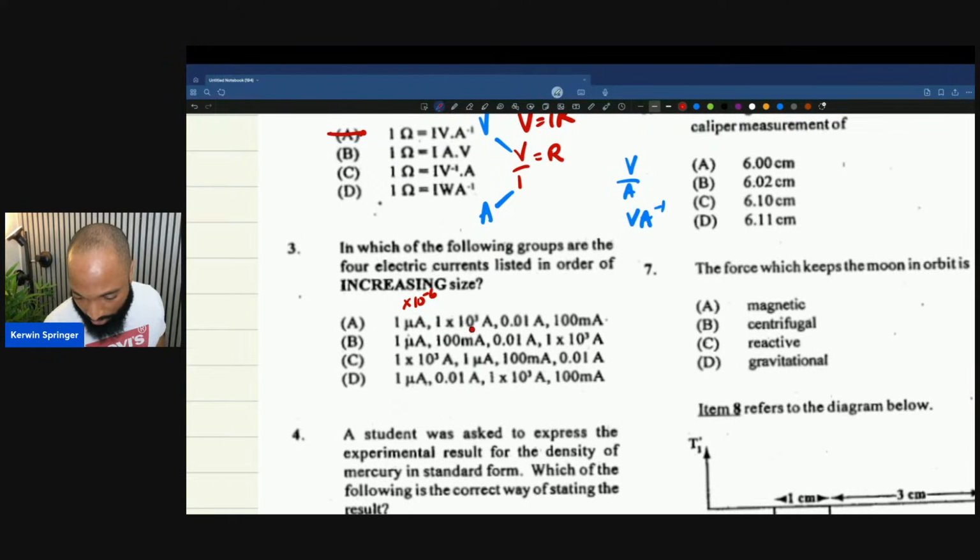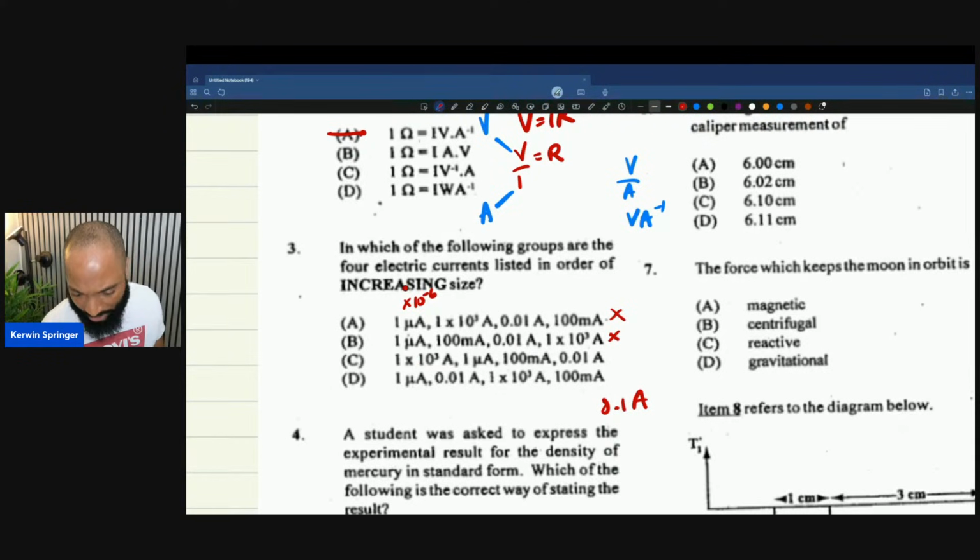This is 10 to the power of 3. And then you go to 0.1. So this isn't good. Micro, milli. This is 100 milliamps. So this actually is more than 100 milliamps. 100 milliamps means 0.1 amps. So this isn't good as well.